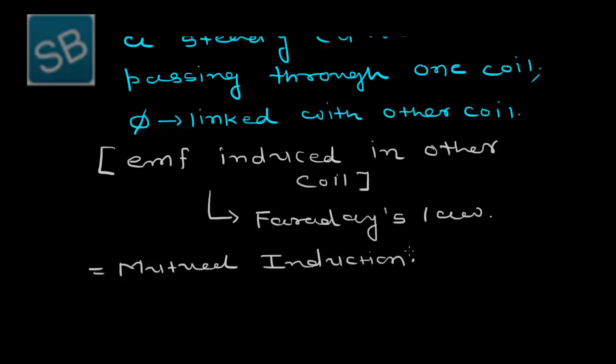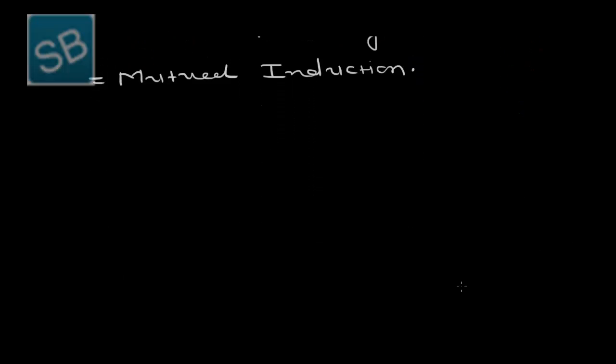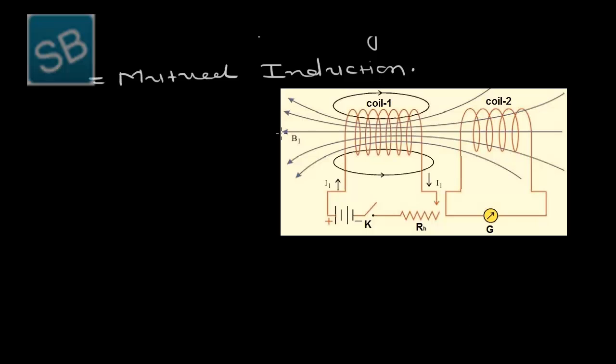So now consider a simple arrangement which has been given to us in this way. Here you see that two coils are placed very close to each other, and in coil 1 a steady current is passing through this battery and the switch is closed, that means current is passing through it.